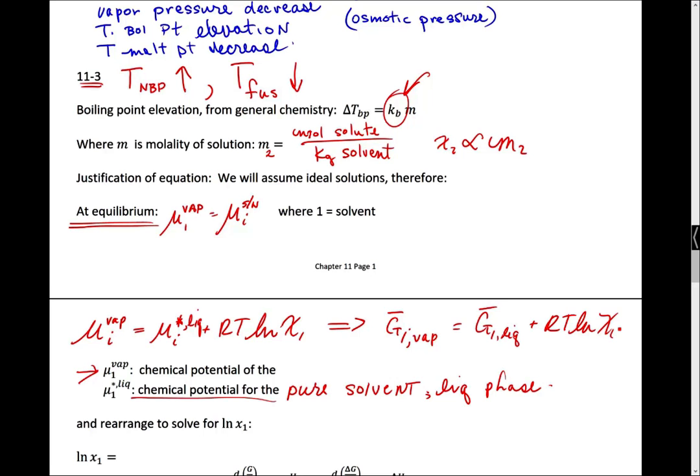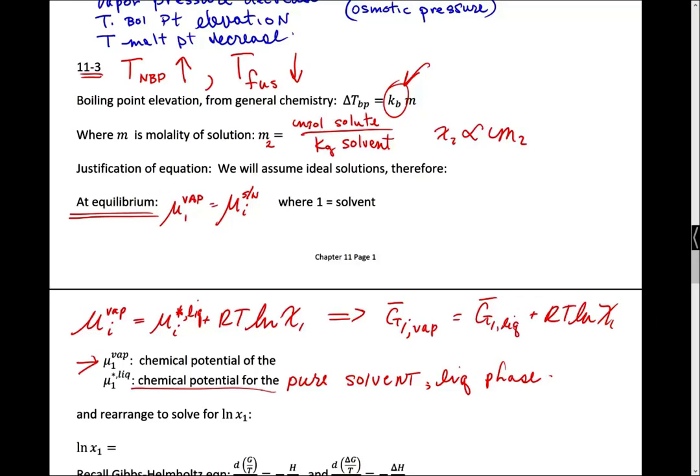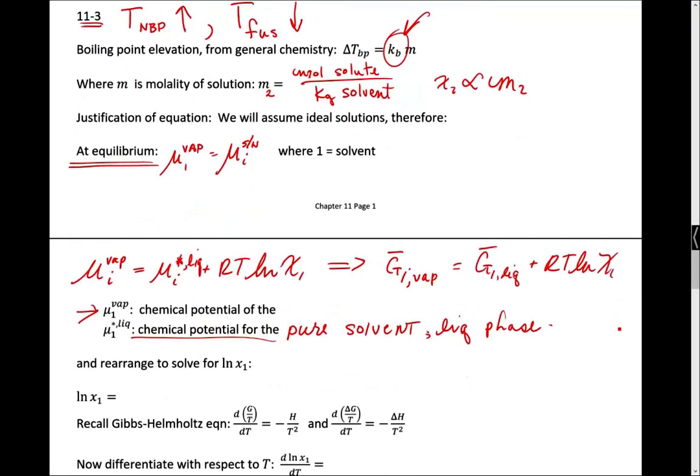You may step back and say, I thought the Gibbs energy was going to be the same as the chemical potential if we're pure. If we think about it, the only vapor that I have above this is the solvent, because we have no solute present in the vapor phase. It's non-volatile. And one of the things that you can see, and this is where we're going to go, is that this is going to be G of vapor minus G of liquid. Well, that's delta G of vaporization.